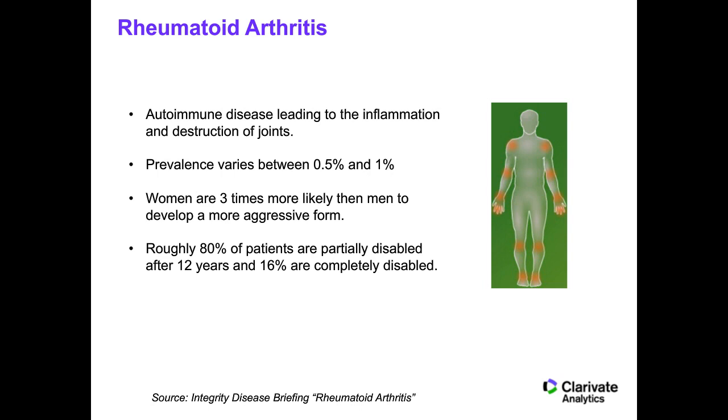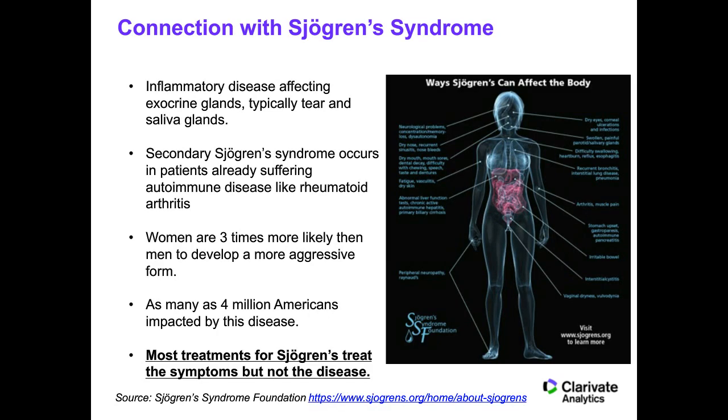Patients suffering with autoimmune diseases like rheumatoid arthritis have a chance of a secondary disease called Sjögren's Syndrome. Sjögren's Syndrome is an inflammatory disease that affects the exocrine glands like tears and saliva glands. This also leads to painful swelling and the disruption of normal function of these glands, causing things like dry eyes, dry mouth, and other such incidences.